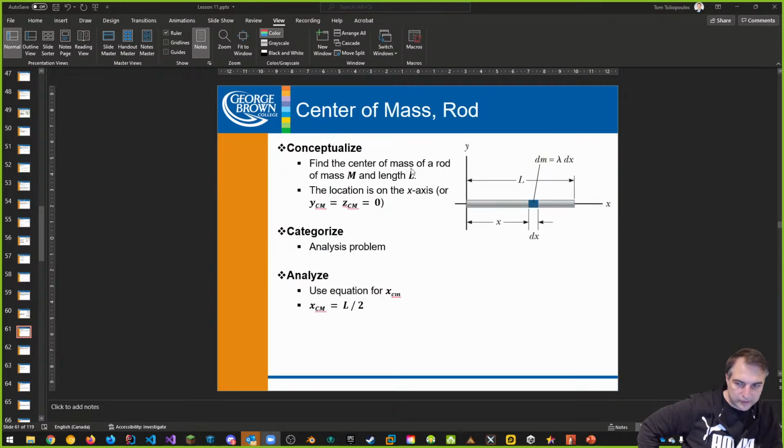One thing that we want to look at sometimes is the center of mass of a rod, all right? And it really depends on how the rod is connected, right? If, for example, the rod is connected to a wall, or if the rod is freestanding.